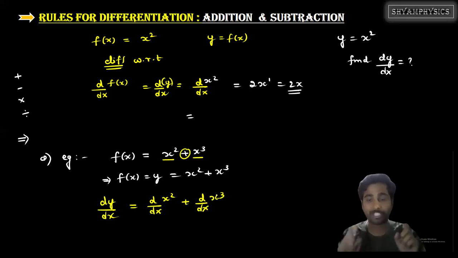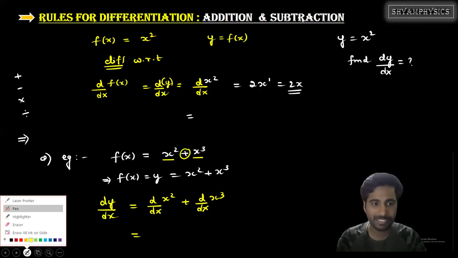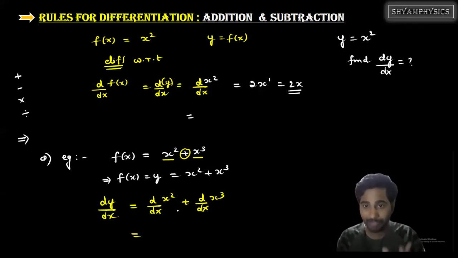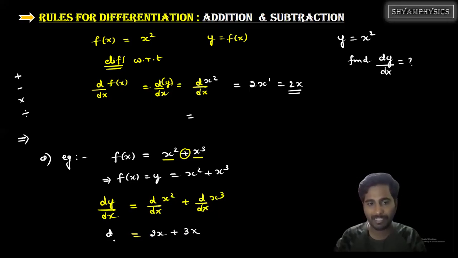For both functions you need to differentiate with respect to x. Then what is the answer? The first term x square is in the format of x to the power n. It's very simple: 2x plus 3x square. This is the answer for dy by dx.